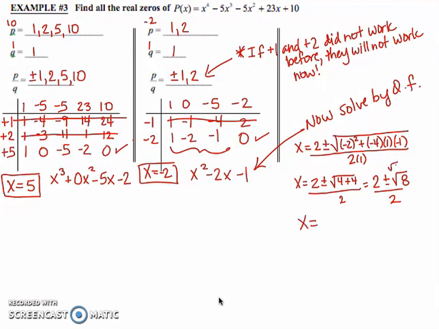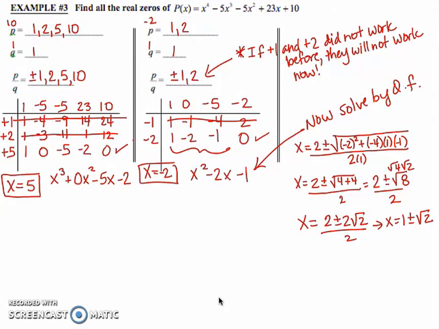You can break that apart into square root of 4 and square root of 2, and the square root of 4 is 2. So 2 plus or minus 2 square roots of 2 all over 2. And finally, I can reduce those 2's. I can divide them all by 2. So then I end up with x equals 1 plus or minus the square root of 2.